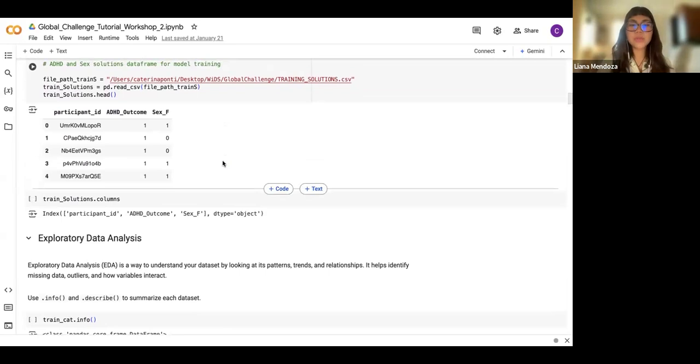So in order to train our model, we need two things. We need an X-train data frame containing these variables, quantitative, qualitative, and our FCM. And then our Y-train data frame containing our target variables, which we see here. What we're working towards is our outcomes for both sex and the presence of ADHD within our participants. So that's our training target variables.